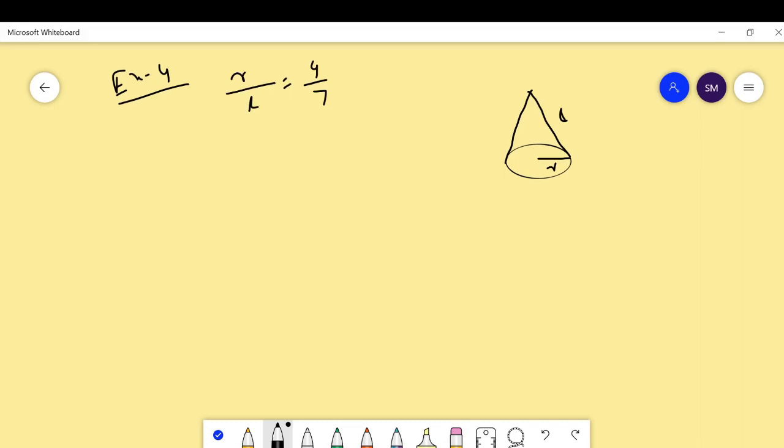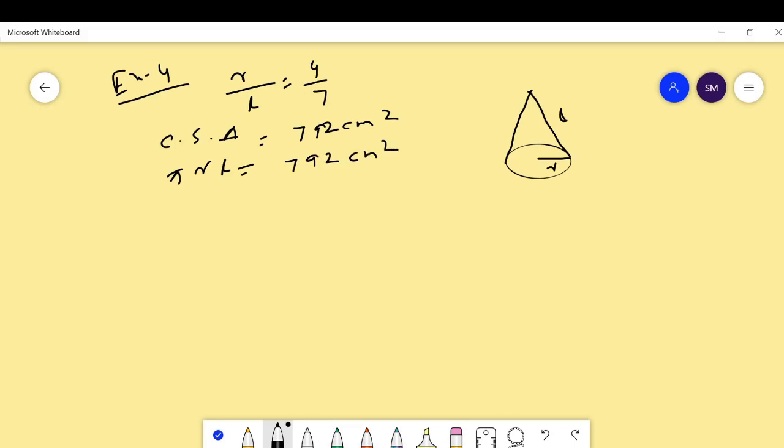If the curved surface area is 792 centimeter square, curved surface area means pi r l. Pi r l is 792 centimeter square.